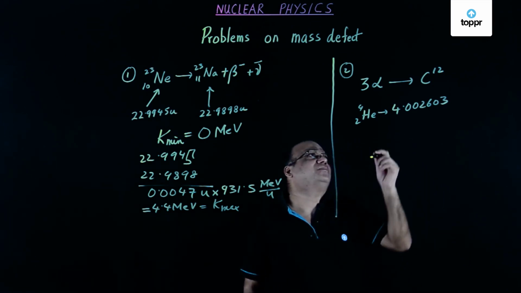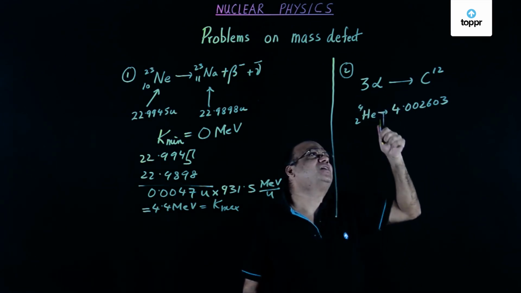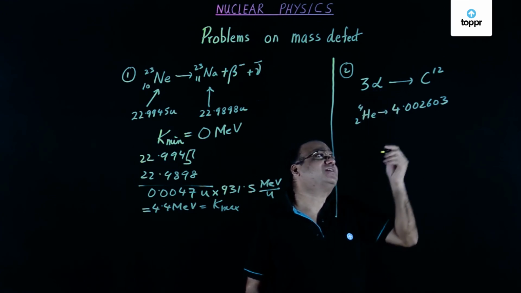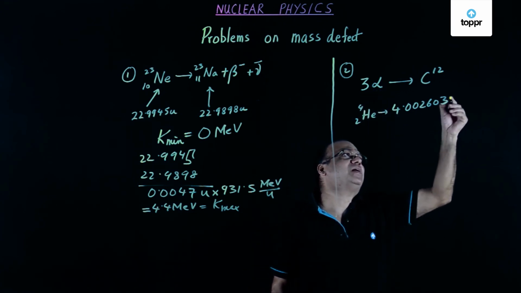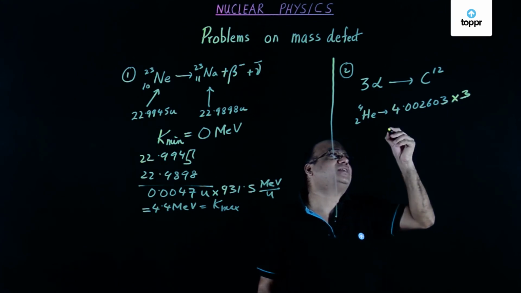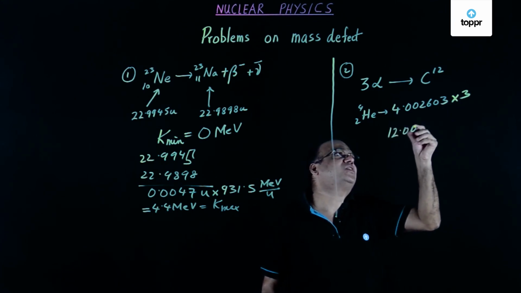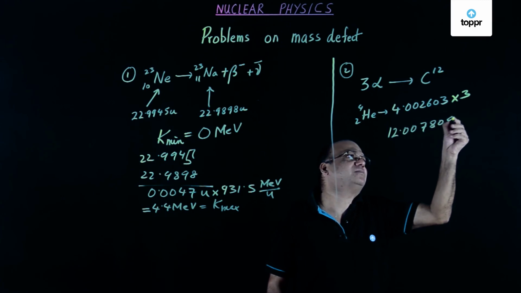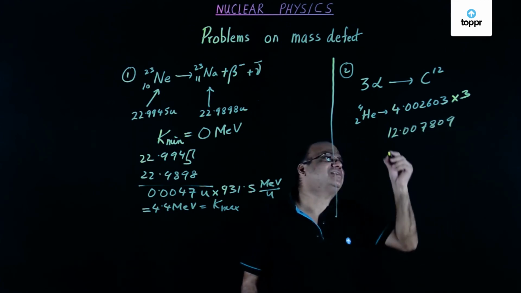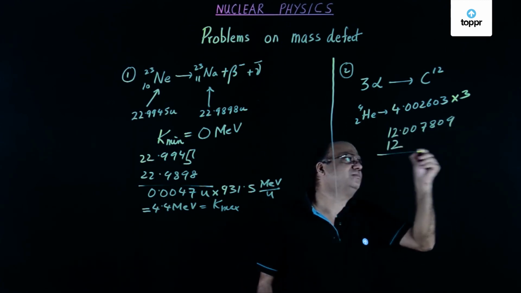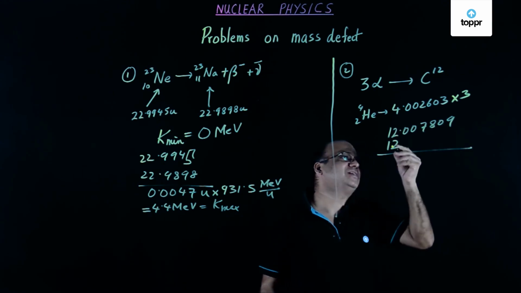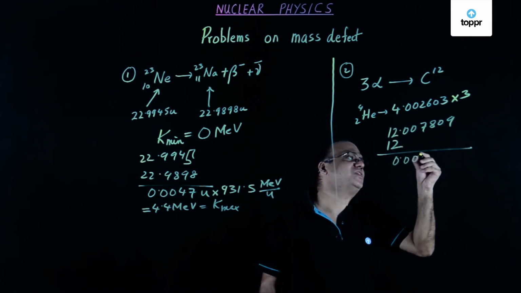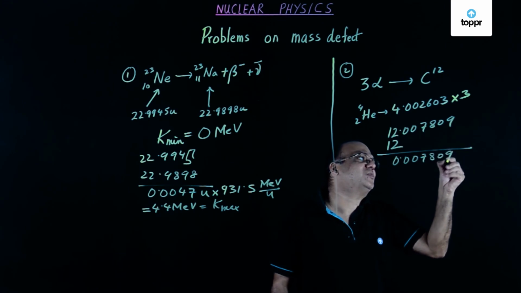So therefore, in this reaction, the mass of the reactants will be 3 times this. So multiply this by 3. So what do you get? 12.007809. The mass of the product is exactly 12 U. So what do we get? 0.007809.